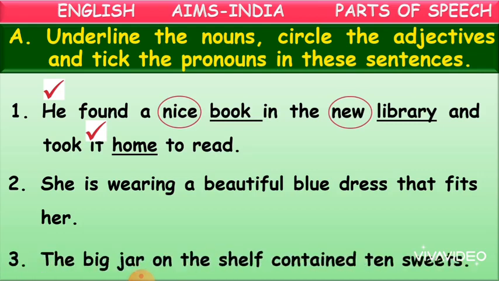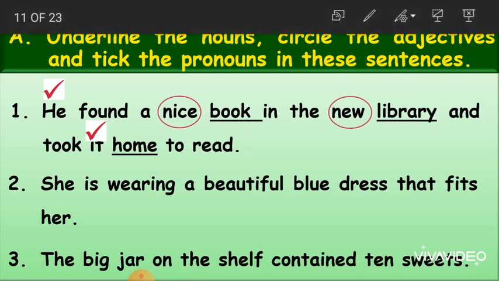Anybody can tell me? Adjectives are describing words, describing the nouns. And tick the pronouns. What are pronouns? Used instead of nouns. So this work we have to do now.